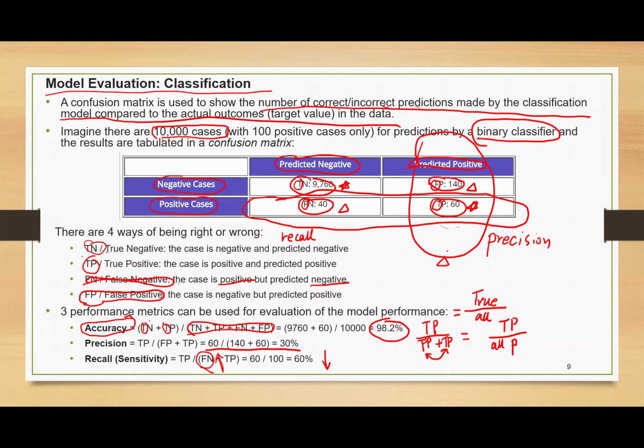So when we're talking about recall rate, we're talking about the positive cases. And when we're talking about precision, we're talking about the predicted positives.